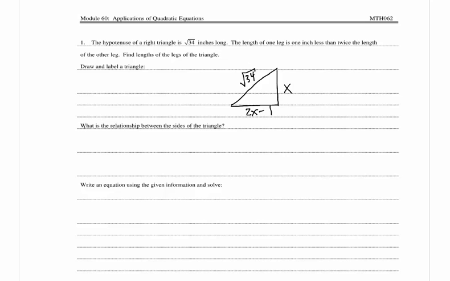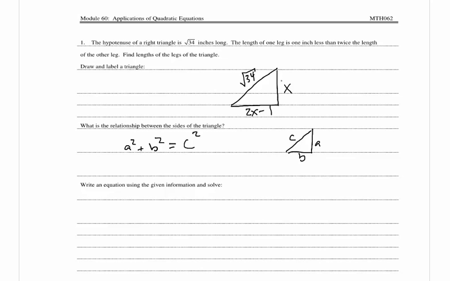And now they want to know, what is the relationship between the sides of a triangle? And remember, we have a right triangle, and the Pythagorean theorem tells us that a squared plus b squared is equal to c squared. And now we want to write an equation using the given information above.